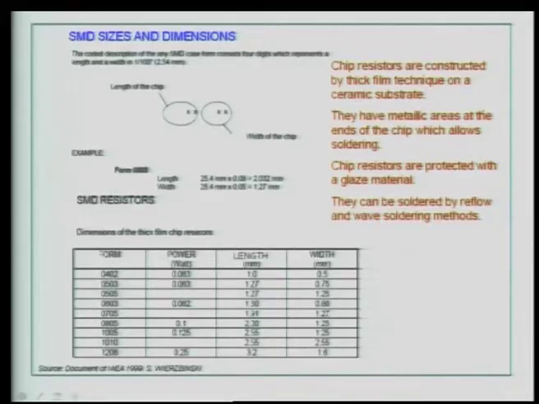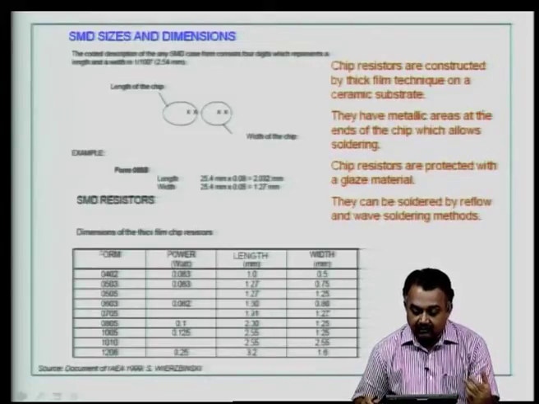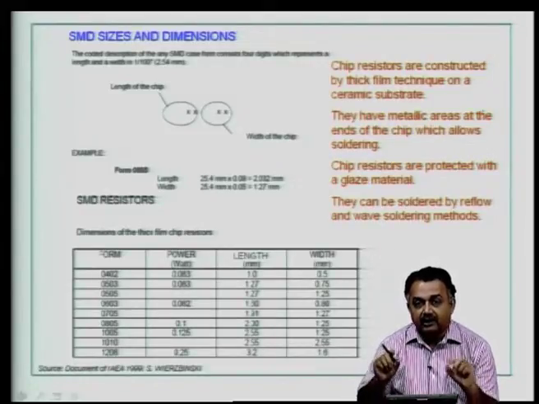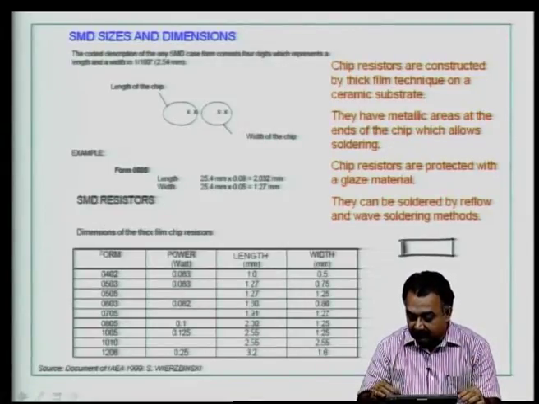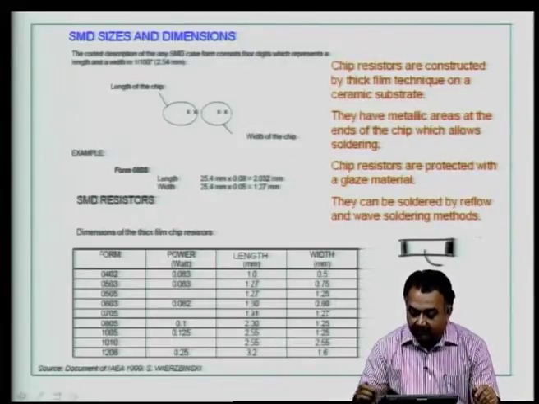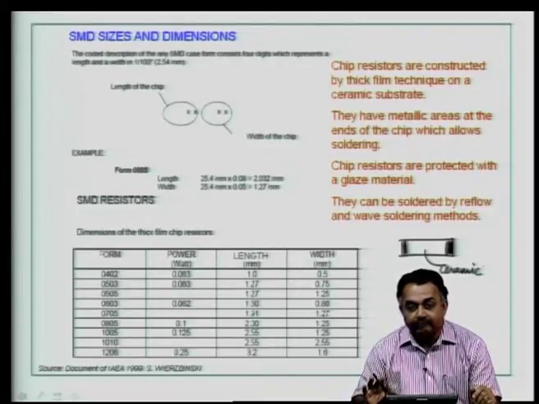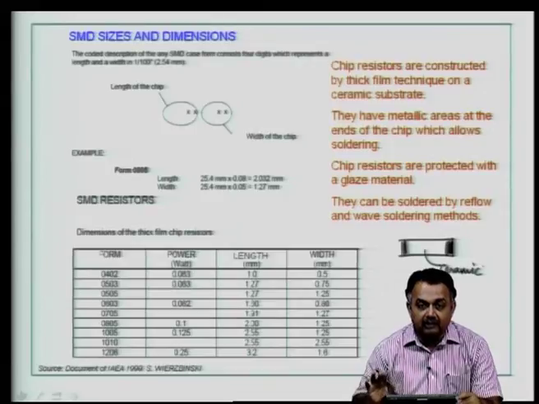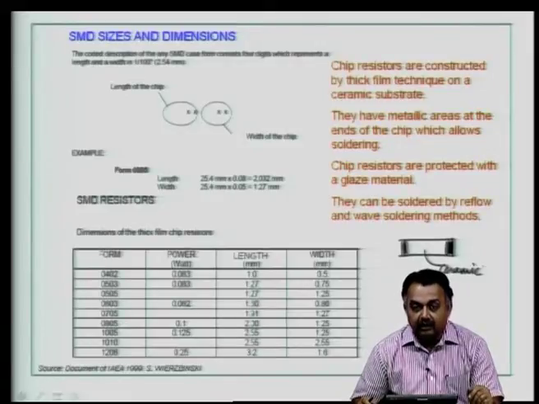Now, as you know, the chip resistors are constructed by thick film technique on a ceramic substrate, your resistors or your capacitors, and they have metallic areas at the end of each chip, so at the end you will have the connector points. Here it could be the ceramic material with a well defined dielectric property and thickness, based on the electrical requirement.